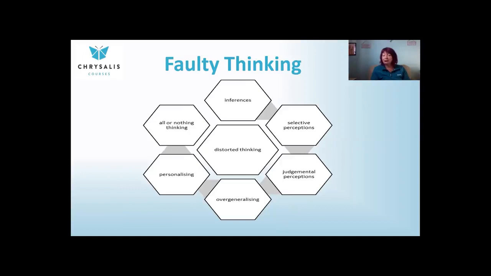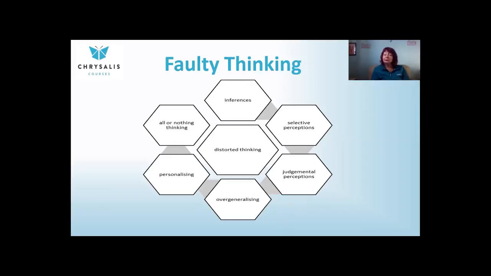We may have very judgmental perceptions. We may overgeneralize, like all men leave. We might personalize something when it's not meant to be personal. And we can have all or nothing thinking as well. So they're all examples of distorted thinking, which happen a lot with some people.